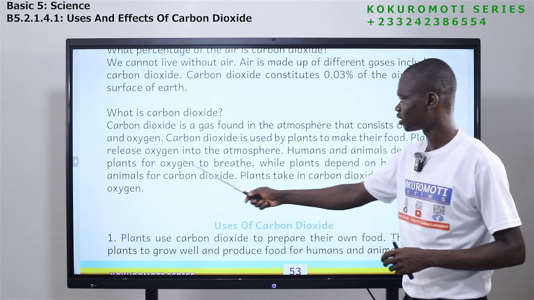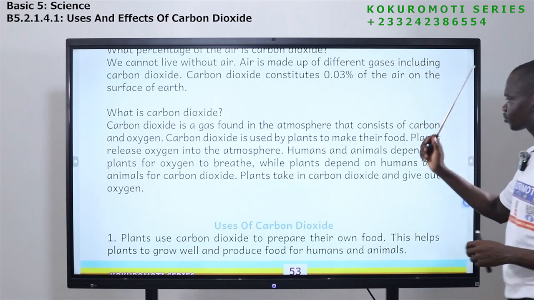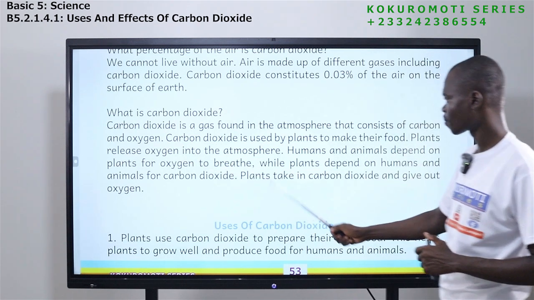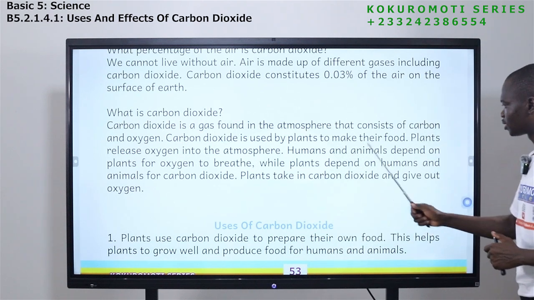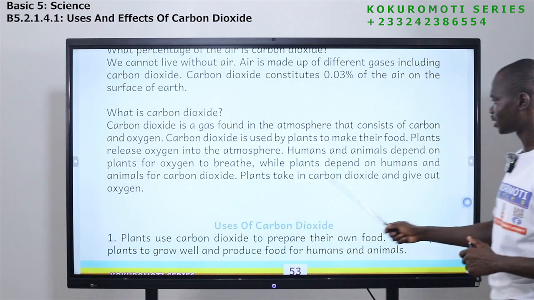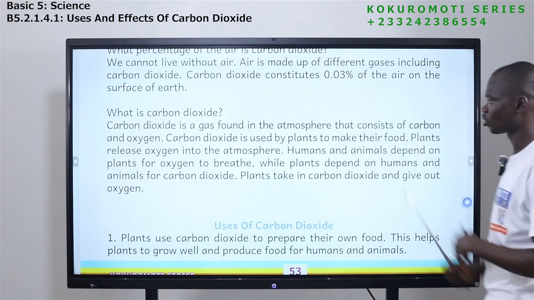Plants release oxygen into the atmosphere. Humans and animals depend on plants for oxygen to breathe, while plants depend on humans and animals for carbon dioxide. Plants take in carbon dioxide and give out oxygen.